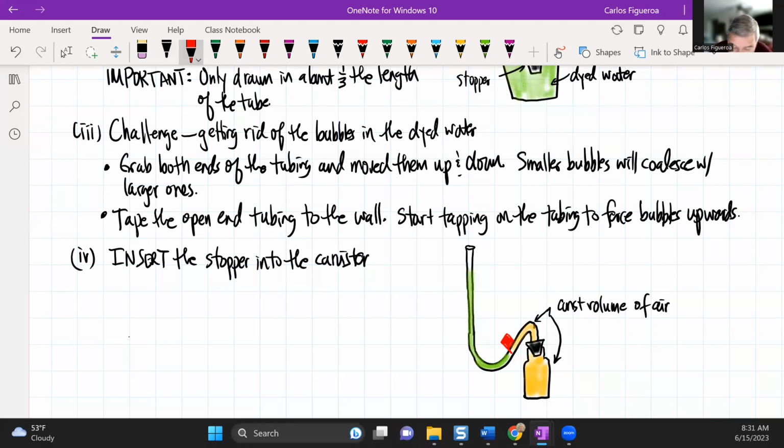And then this red tape here is our marker of the separation between the water. And then, of course, this guy right here is our dyed water.